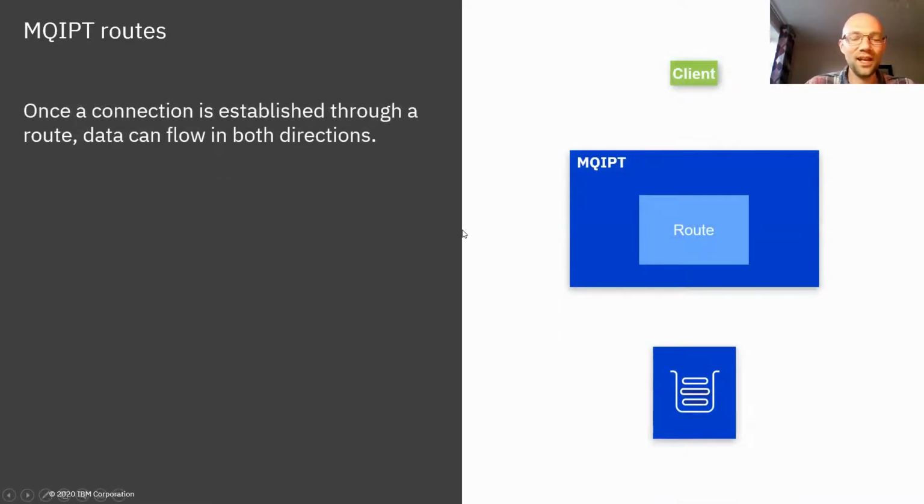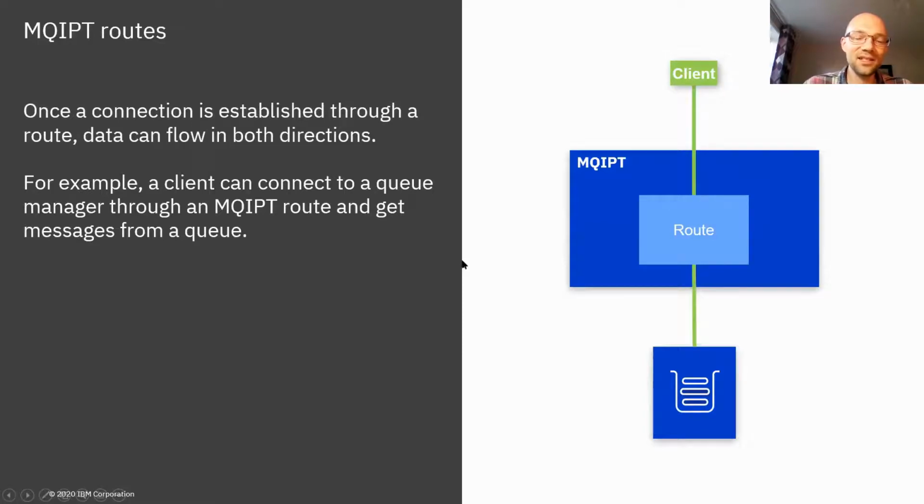So once a client or a queue manager has connected into MQIPT using a route, then that data can flow in both directions. What I mean by that is that when a client, for example, connects into a queue manager going through IPT, the connection will happen, and then that client will do a number of MQI calls, presumably, to that queue manager.